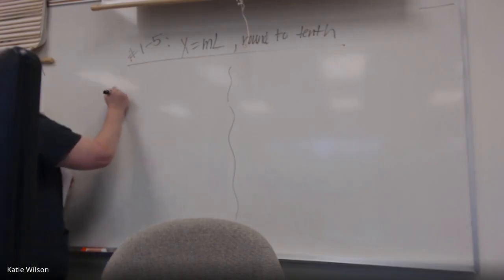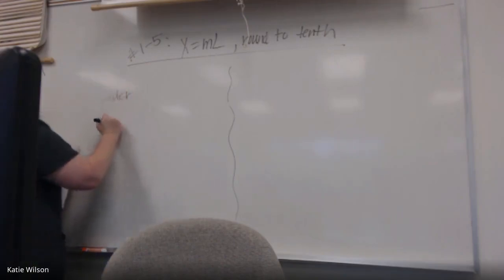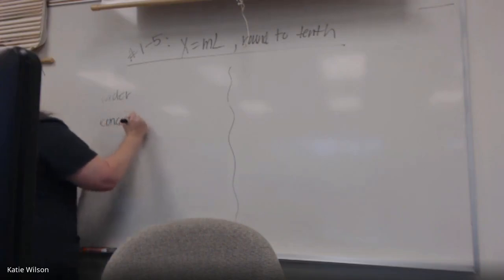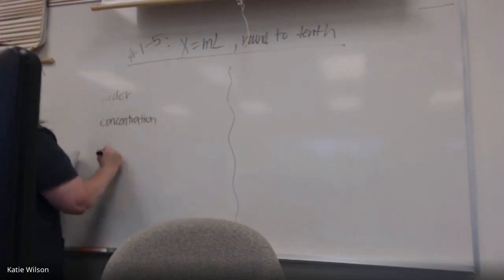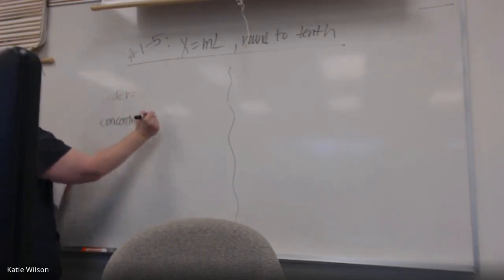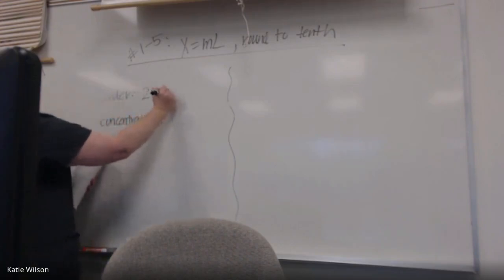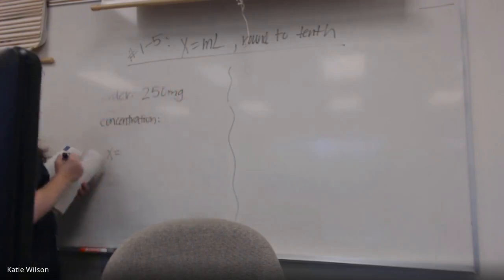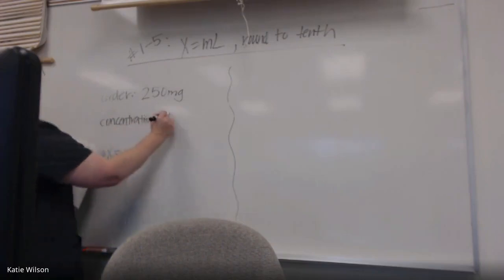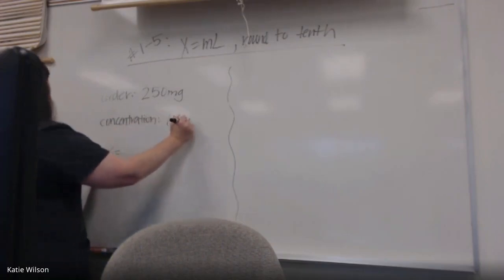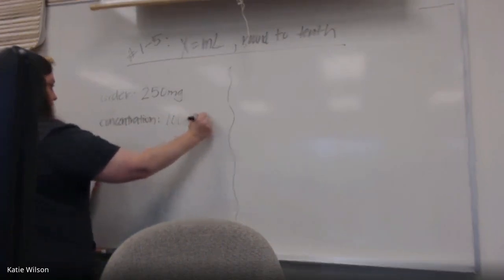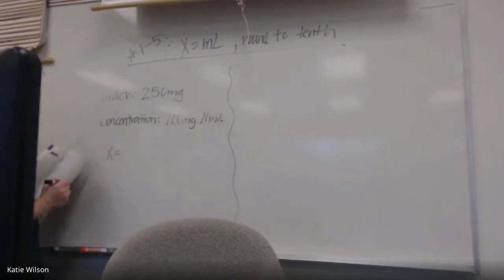So what did I say? Order, concentration, and what we're solving for, X, right? So what did we order? 250 milligrams. We have available 100 milligrams in every 1 milliliter. And what am I solving for?